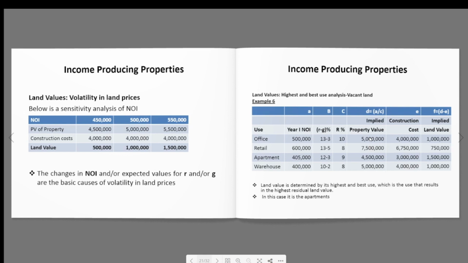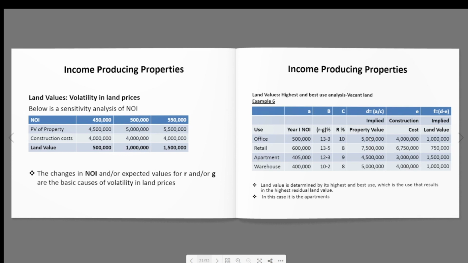Now we also need to note what will be the cost of construction of each of these particular properties. Based on this estimation, the cost of construction for the office is 4 million, for the retail space is 6.75 million, for the apartment is 3 million, and for the warehouse is 4 million.